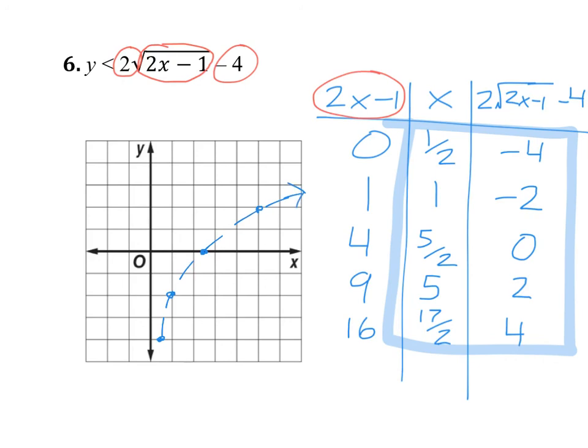And we want to shade below. And that's it for 6.3.